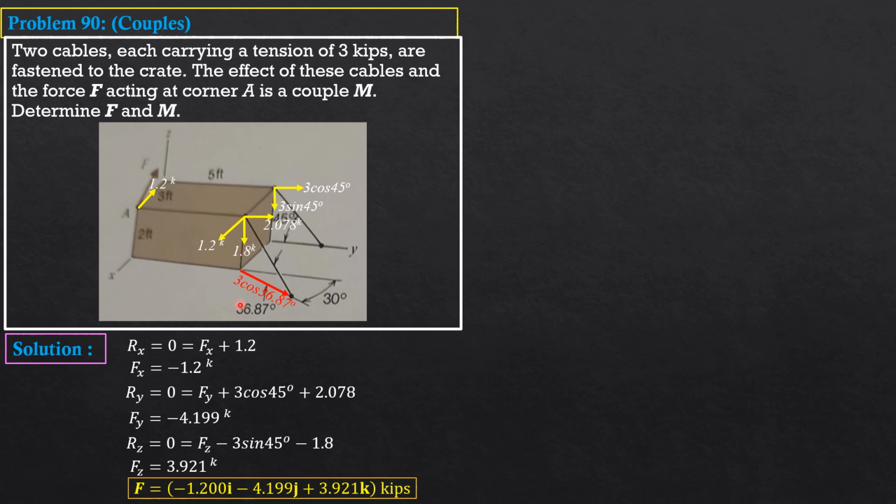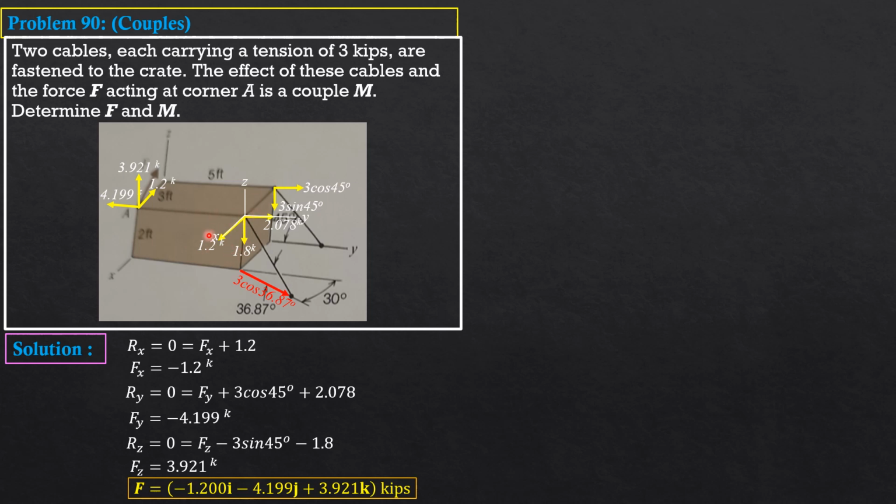So, by the way, this is Fx, negative 1.2, so backward. Fy, leftward, 4.199. Then Fz, upward, 3.921. Then let's superimpose the XYZ reference. So moment about X, the positive sense is in that sense.